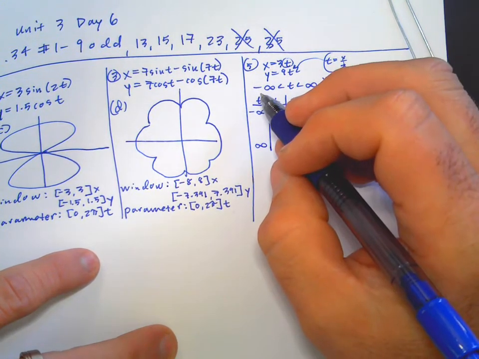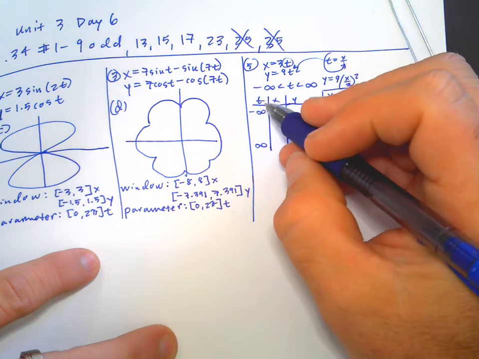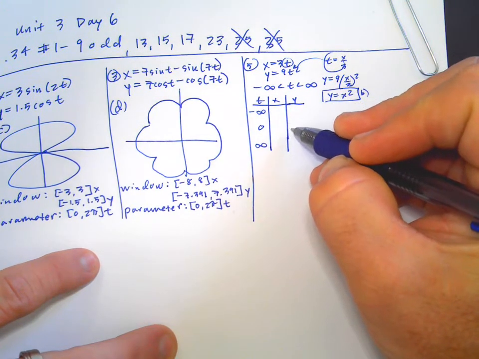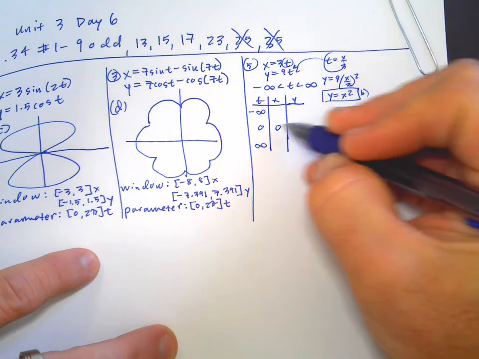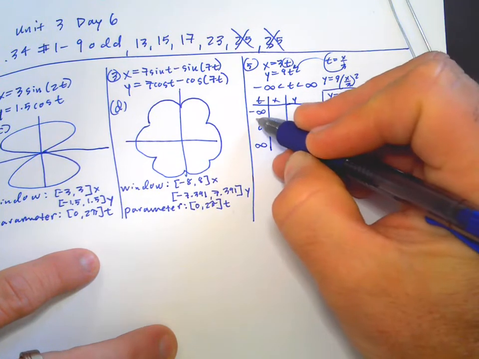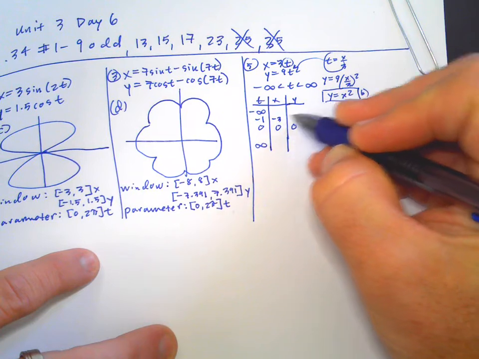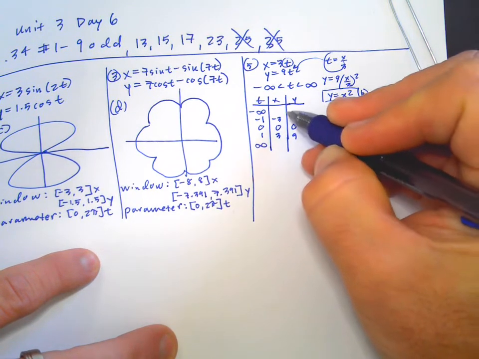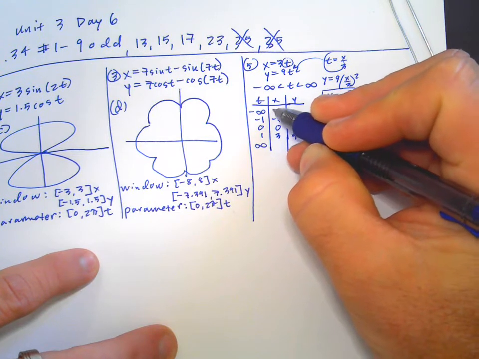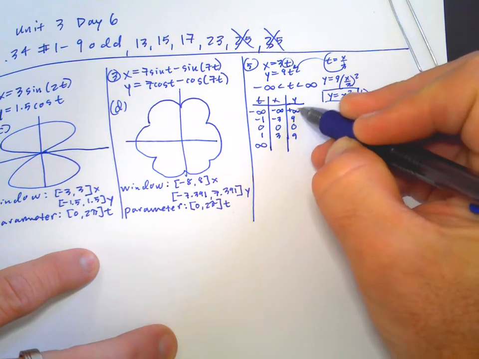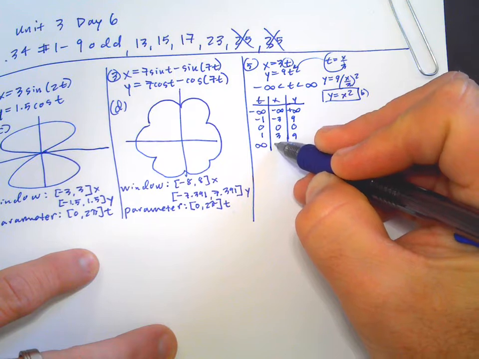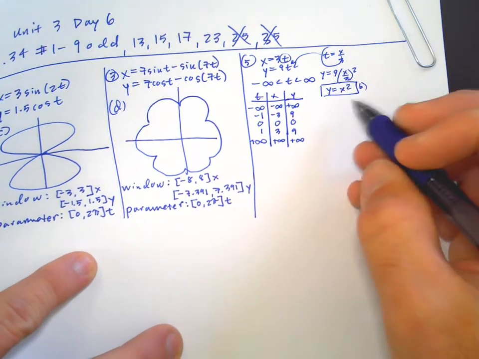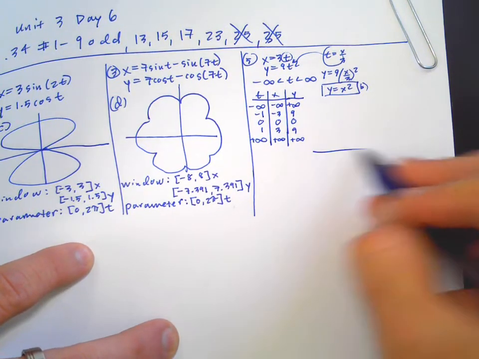I mean, we could plug in a couple points. 0 is going to be x is 0, y is 0. -1 is going to be -3, 9, +1 is going to be +3, 9. -infinity is going to go to -infinity for x, and y goes to positive infinity. Positive infinity goes to positive infinity, positive infinity. So the graph is a parabola.